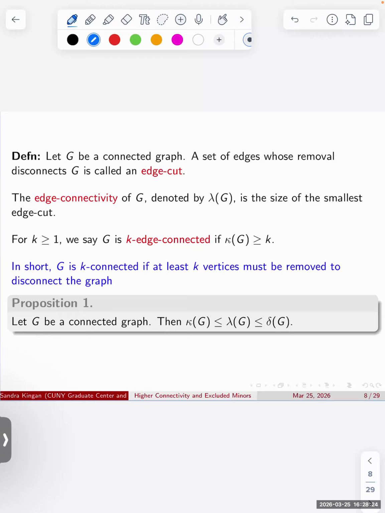But in any case, one must know edge connectivity. A set of edges whose removal disconnects G is called an edge cut. The edge connectivity of G, edges whose removal, right? A set of edges, yeah.